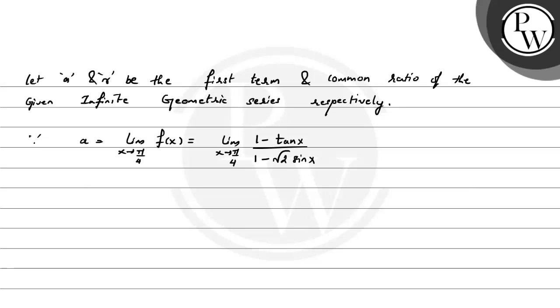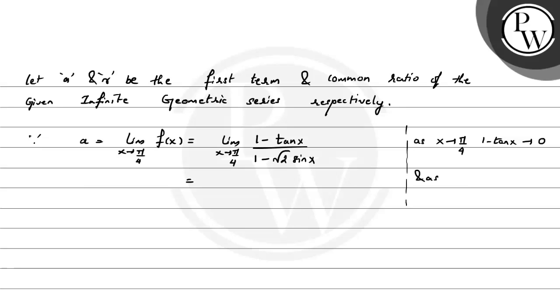So what will we do to evaluate this? See, in the numerator, the function is 1 minus tan x. As x goes to pi by 4, 1 minus tan x goes to 0.